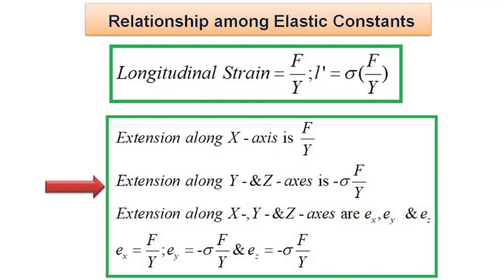Here Ex is equal to capital F divided by capital Y, Ey is equal to minus sigma into capital F divided by capital Y, and Ez is equal to minus sigma into capital F divided by capital Y.